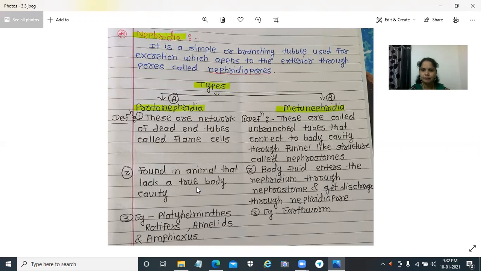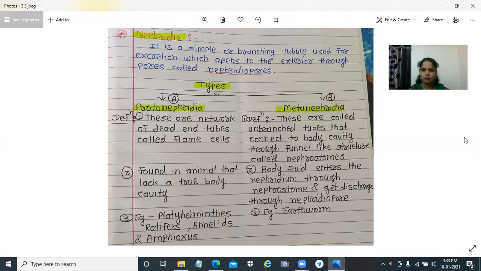Acoelomate means they lack a true body cavity, like Platyhelminthes, for example planaria and tapeworm. Some other organisms like rotifers, annelids and amphioxus also have protonephridia.